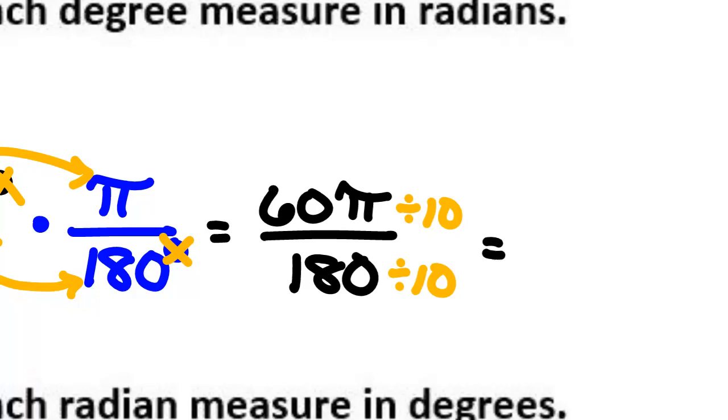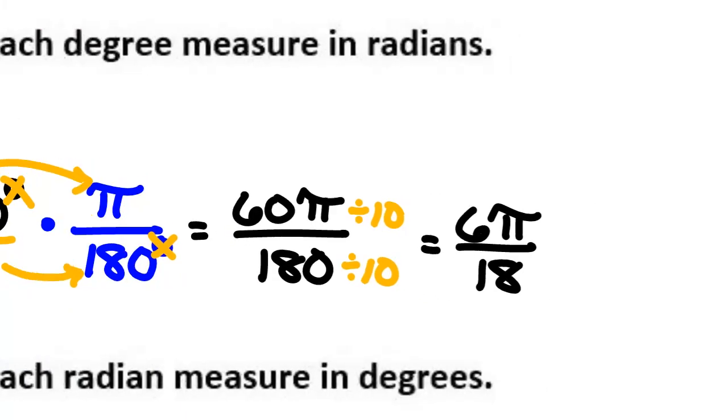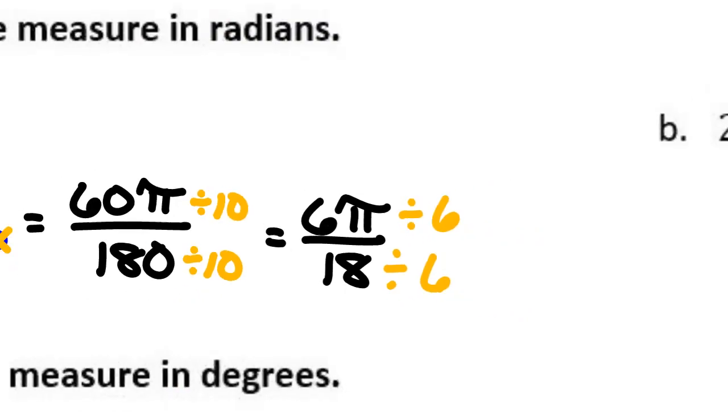60 divided by 10 would be 6, so I have 6 pi in my numerator. 180 divided by 10 is 18. Can I reduce that anymore? Is there anything that'll go into 6 and 18? 3 or 6. If you divide it by 3, you're just going to have to reduce one more time after that. But there's nothing wrong with choosing a smaller number to reduce by. So this would give me pi over 3.